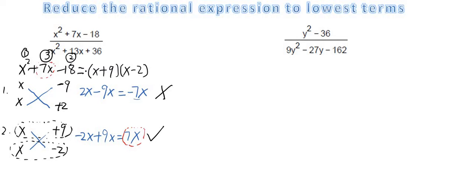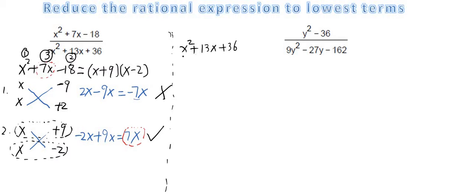Now let's look at the second polynomial, in the denominator: x squared plus 13x plus 36. How do we factor this?